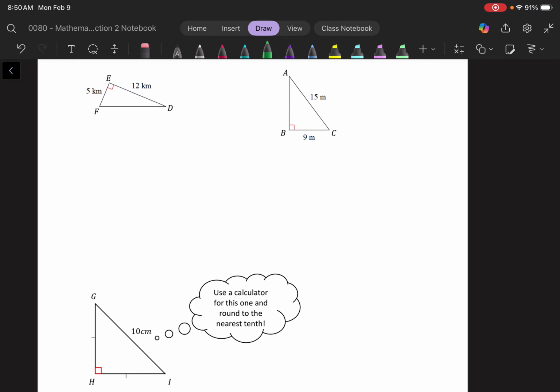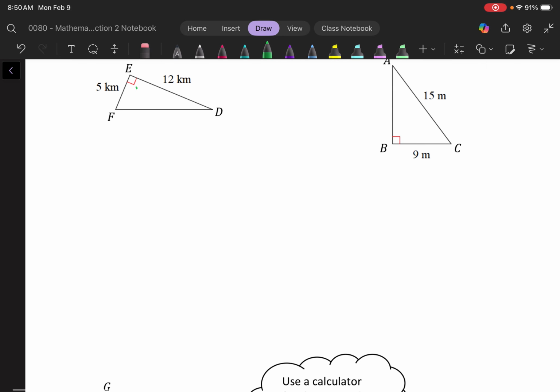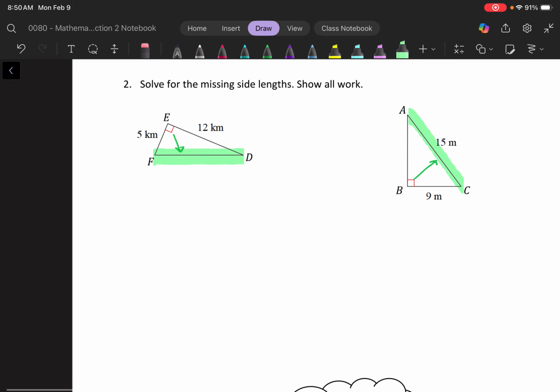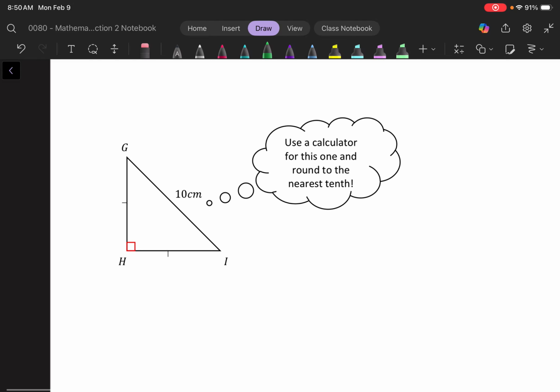Okay, hopefully you paused the video. Hopefully you did it. The side opposite the 90-degree angle is this guy. The side opposite the 90-degree angle is this guy. The side opposite the 90-degree angle is this guy.